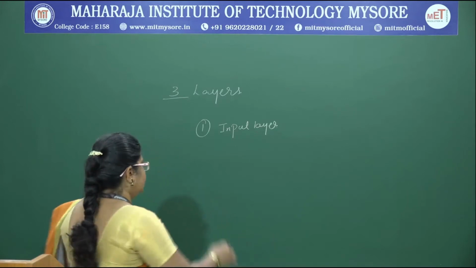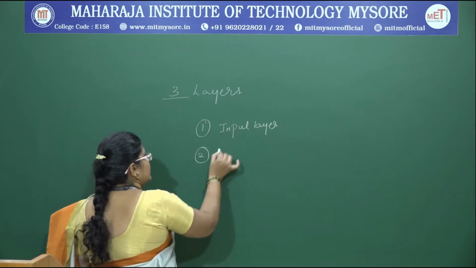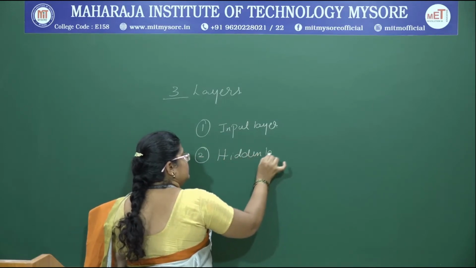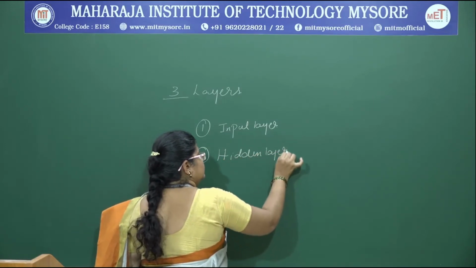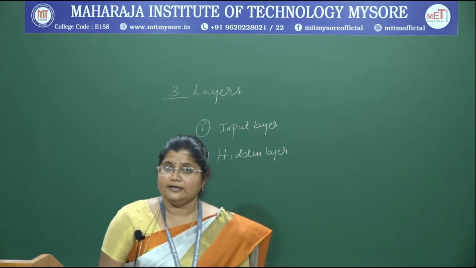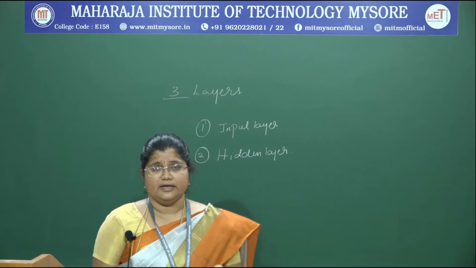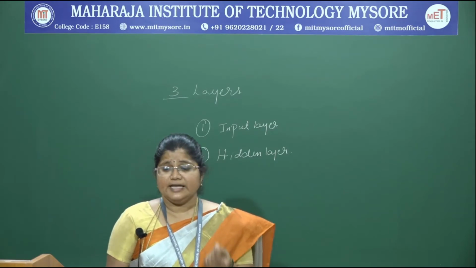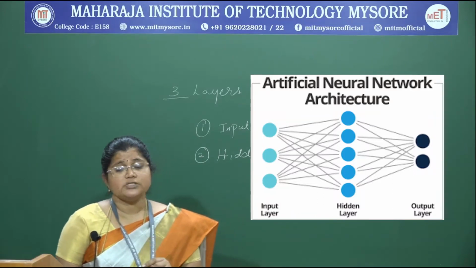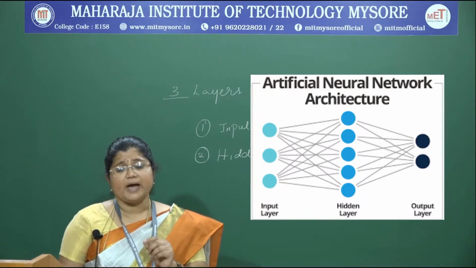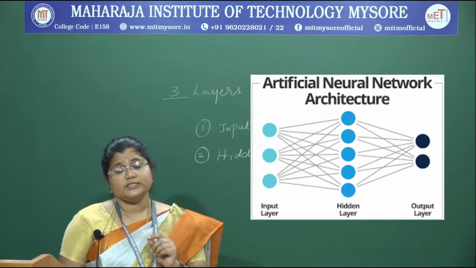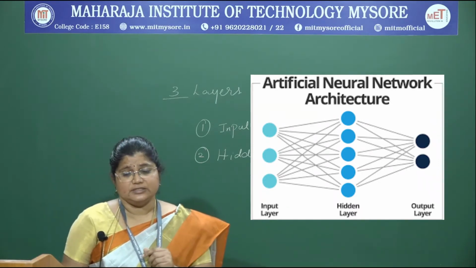The second layer is the hidden layer, also called the intermediate layer or invisible layer. These layers are composed of neurons which are responsible for extracting patterns associated with the process or system being analyzed.